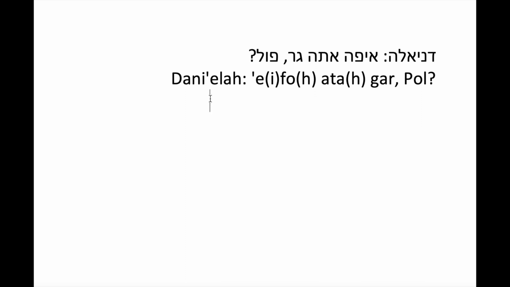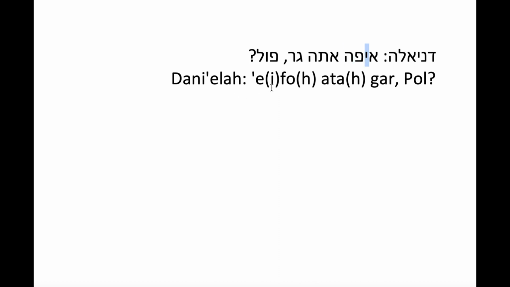So you notice we have a couple of parentheses here. One parenthesis around the I, the E sound, and the H. Why is that? The reason is that "Eifoh" is written with an I sound. You see it here. The yod is an I sound in this case. It starts with an aleph, and you have the I sound, the E, you have the F, and you have the H. But you don't pronounce the yod in this case.